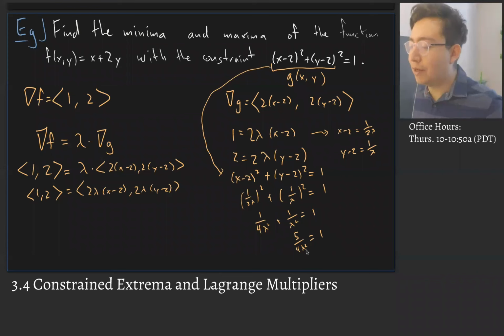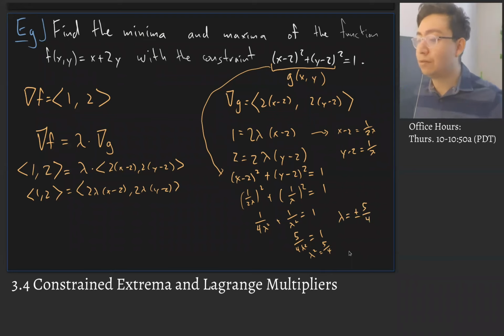Solve for lambda: multiply both sides by lambda squared, and we get lambda squared equals 5/4. Then lambda equals plus or minus the square root of 5/4.